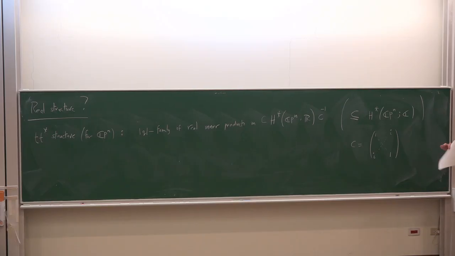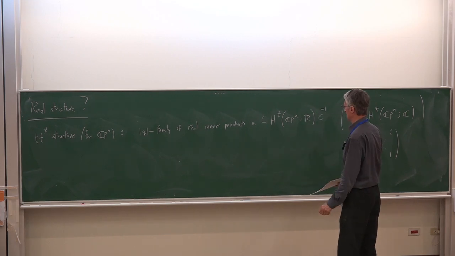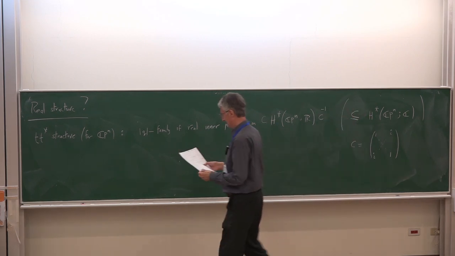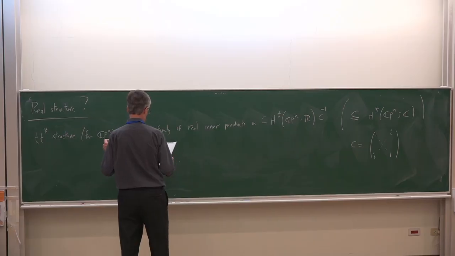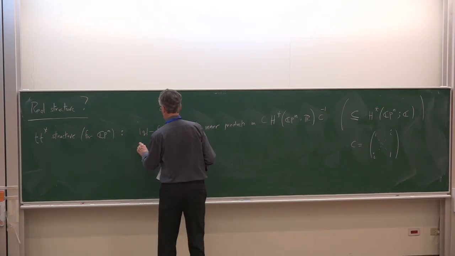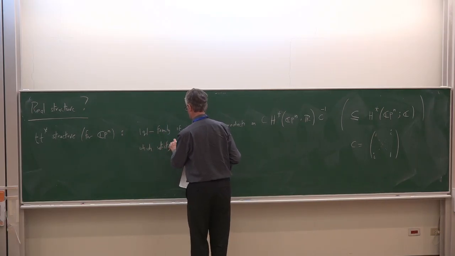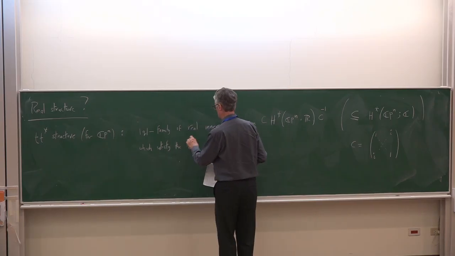So some sort of rotation of that within the complex. So it's not quite the usual real cohomology, but it's rotated. It is a Q family of inner products which satisfy the TT star equations.